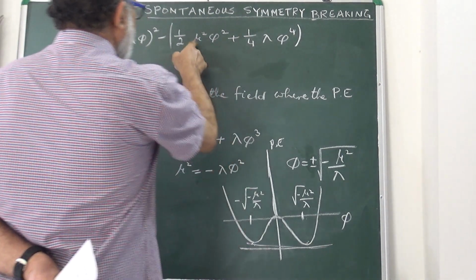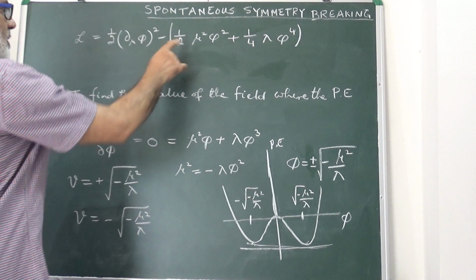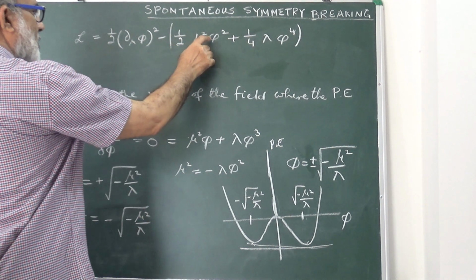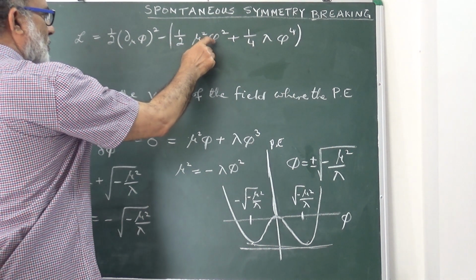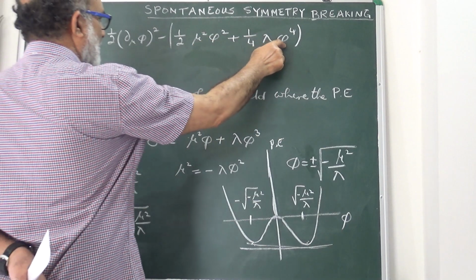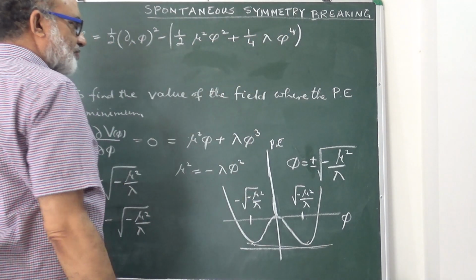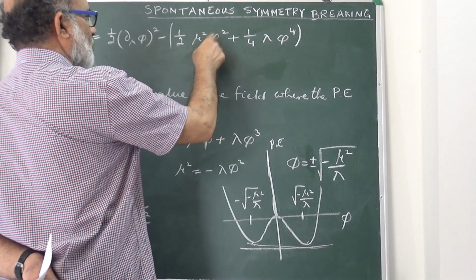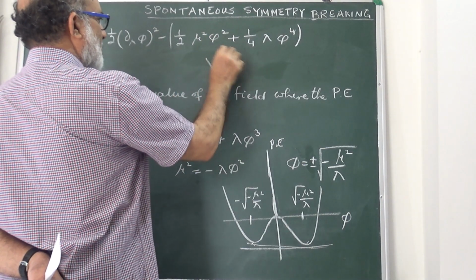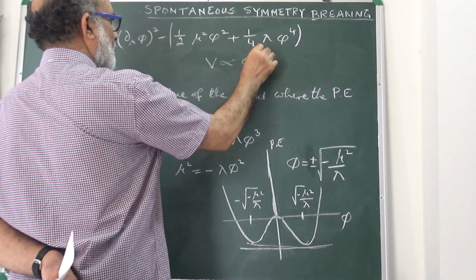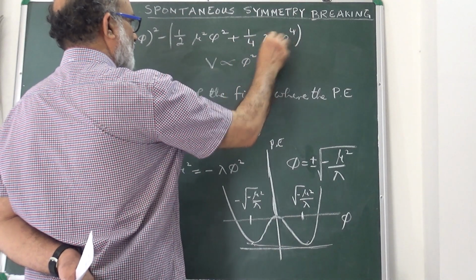If you take the mass as positive, it means the potential V is a function of phi squared plus phi to the power 4.